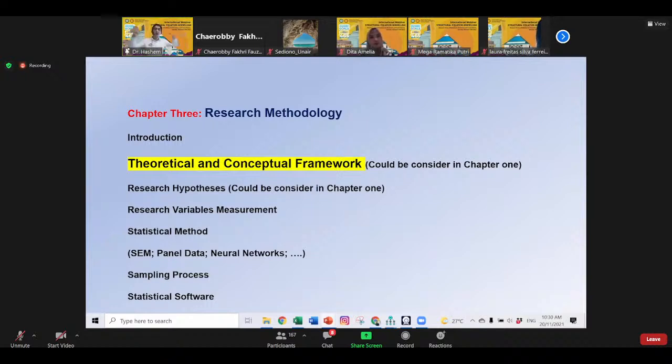Conceptual model, you combine them together, and then you add or delete something based on your area, based on population, based on the situation, and call it conceptual framework. Conceptual framework is your model, your research model, your contribution, right? But theoretical model is like previous study related to your topic.